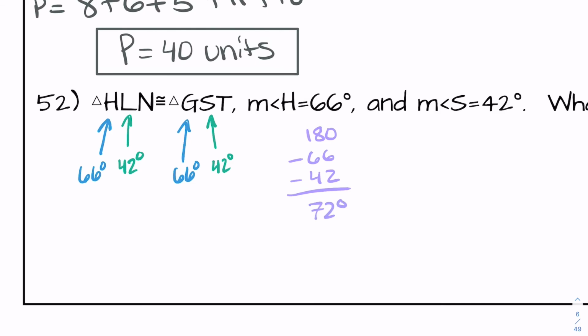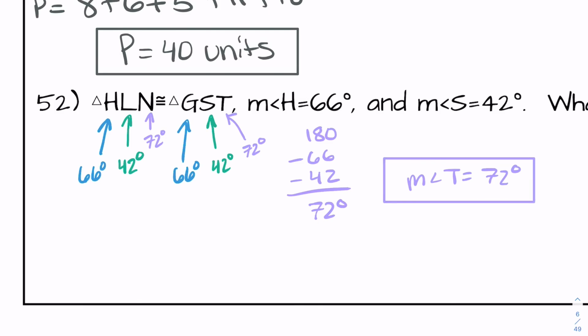So this last one is 72 degrees, and this one here is also 72 degrees. So the measure of angle T is 72 degrees. And there we go, that's it.